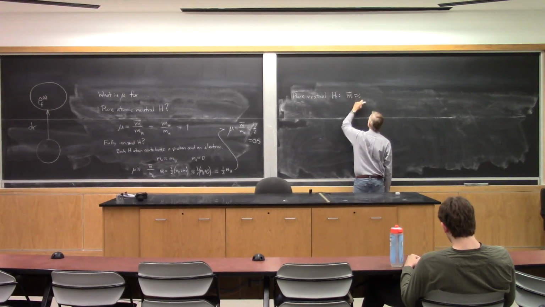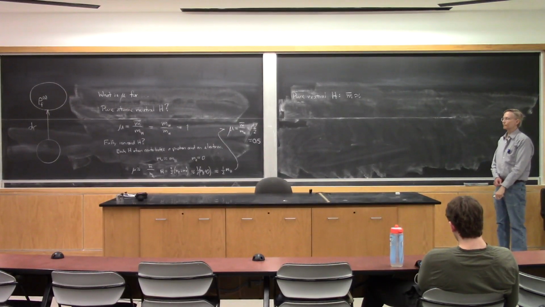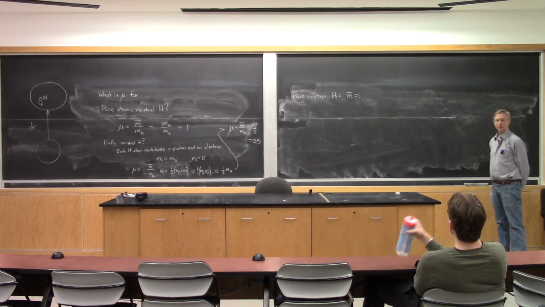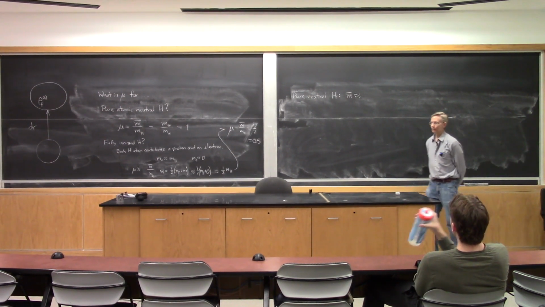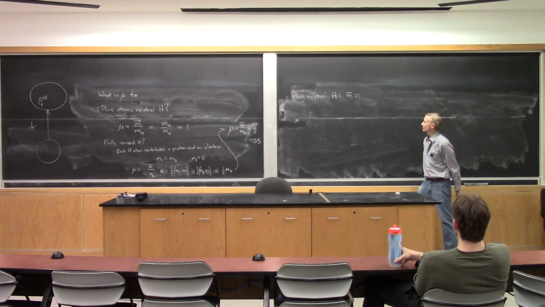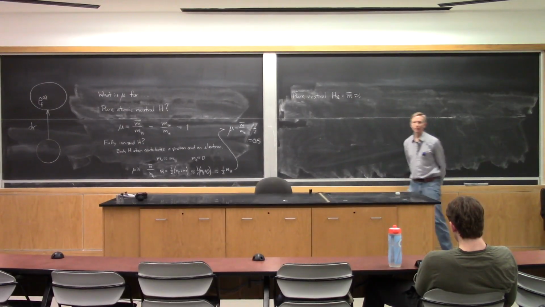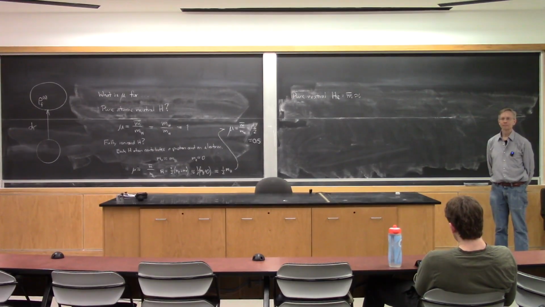For pure neutral helium, the ordinary helium that has 2 protons and 2 neutrons in the nucleus, what's m bar, the average mass per particle, if all the particles are neutral helium atoms? To an awfully good approximation, what's the average mass per particle?